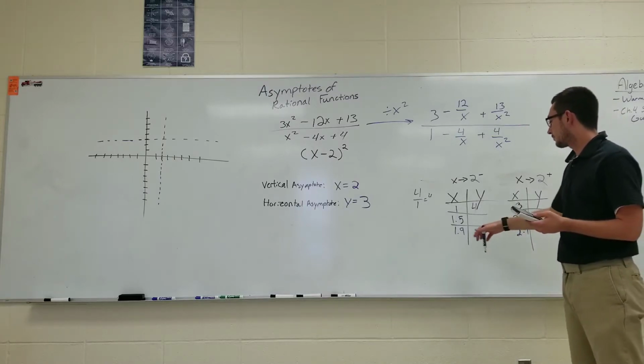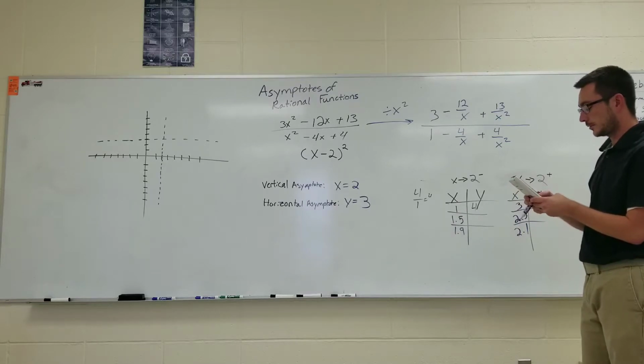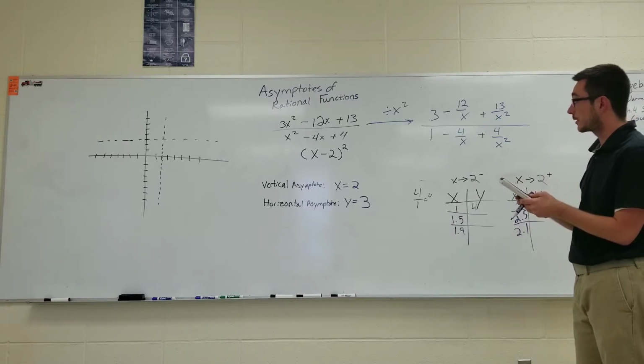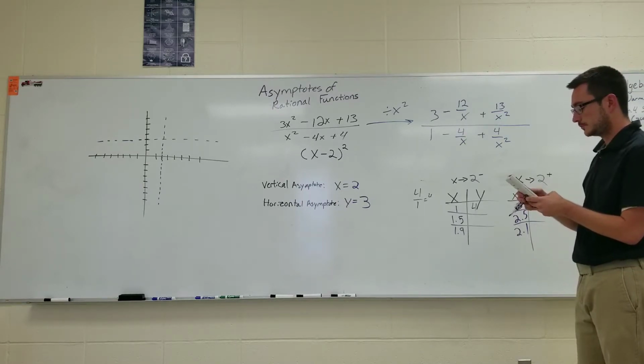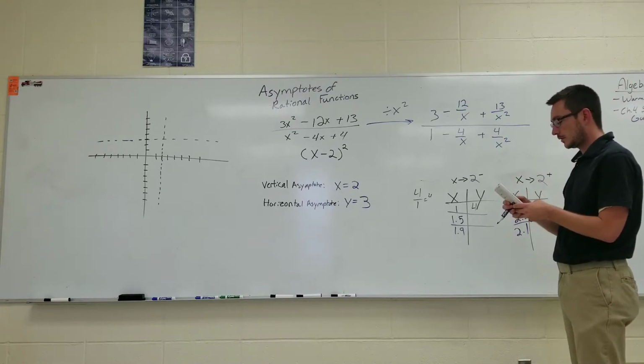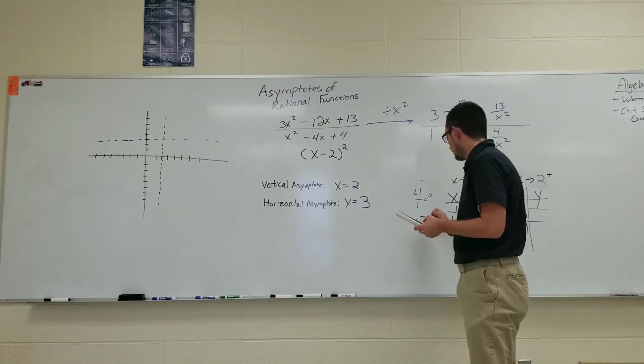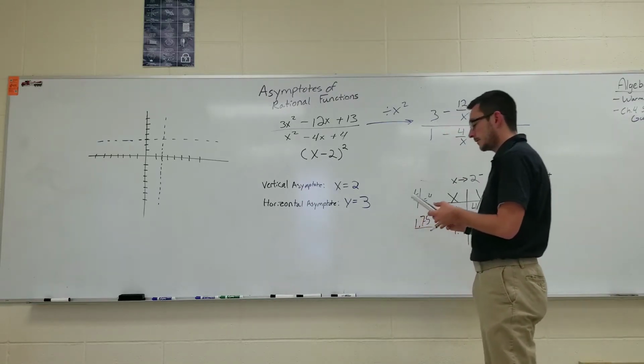And let's do 1.5 now. So I've got 3 times 1.5 squared minus 12 times 1.5 plus 13. On top I get 1.75.